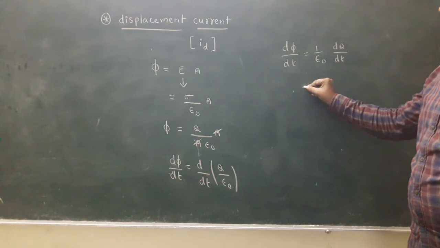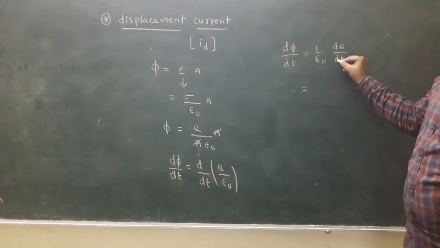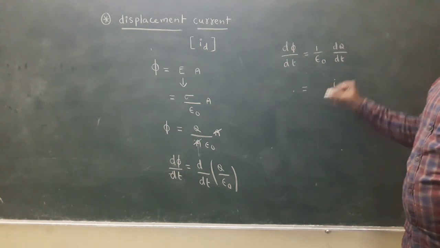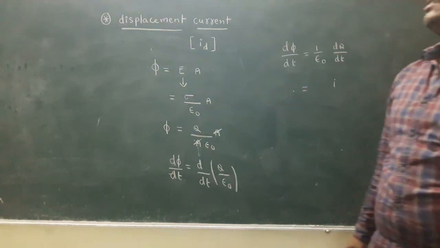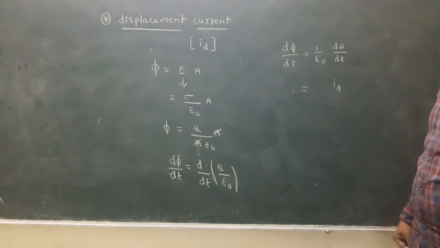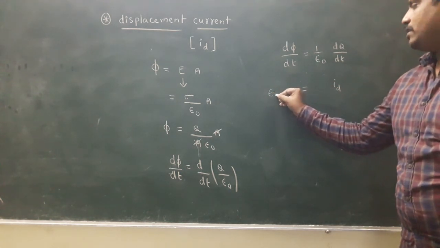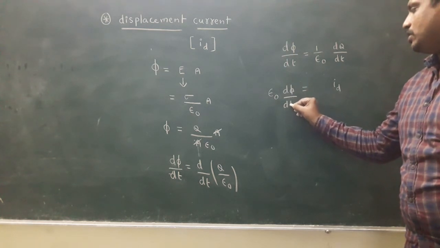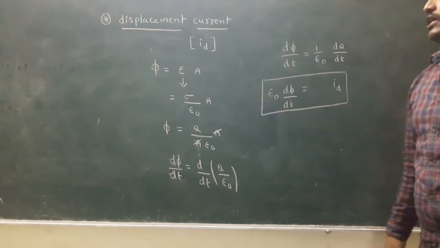The rate of flow of charge is nothing but the current. That is why this current is the displacement current. On the other side, epsilon naught into d phi by dt. This is the formula for displacement current.